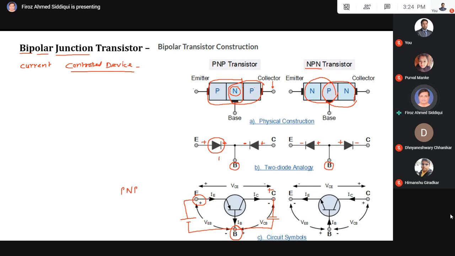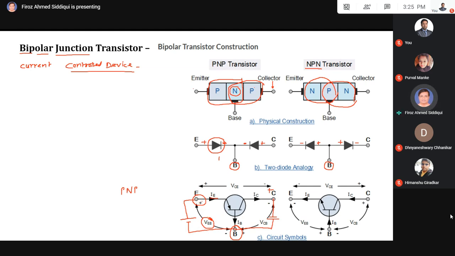So in this condition, the current flowing through the emitter is IE, and the voltage across the input terminals, that is emitter and base, is VBE. This is the positive terminal and this is the negative terminal.